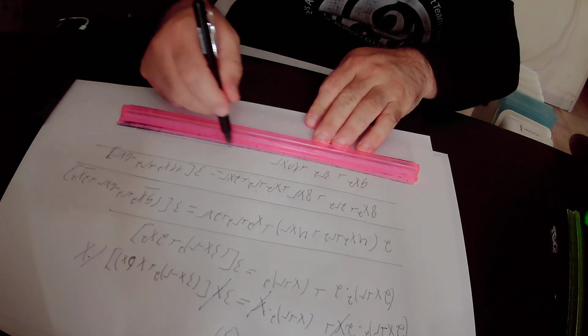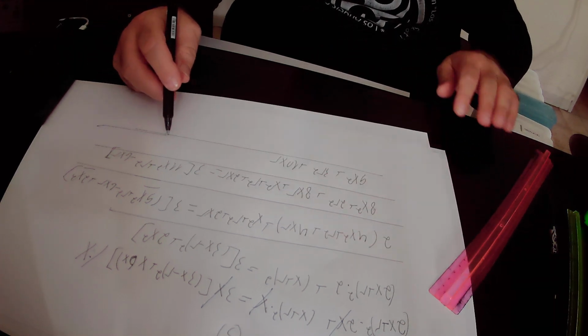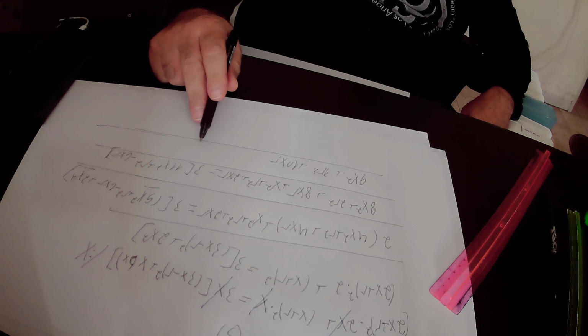And in the other side of the equation we'll open the brackets, we'll multiply all the expressions inside the brackets by 3.